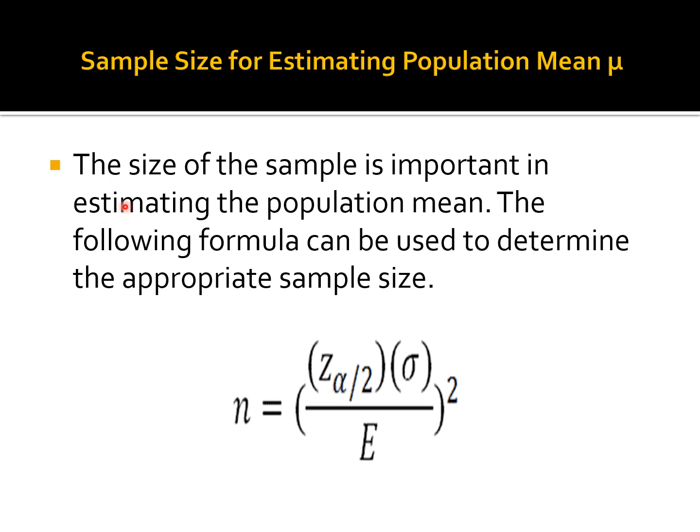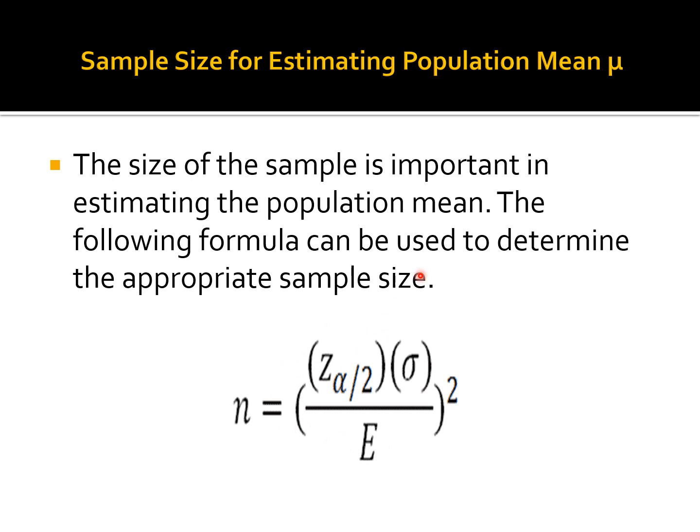Okay. Here is the formula as well for the sample size for estimating population mean. So the following formula can be used to determine the appropriate sample size. So we have n is equal to the z value multiplied to the population standard deviation divided by margin of error, and then square it.